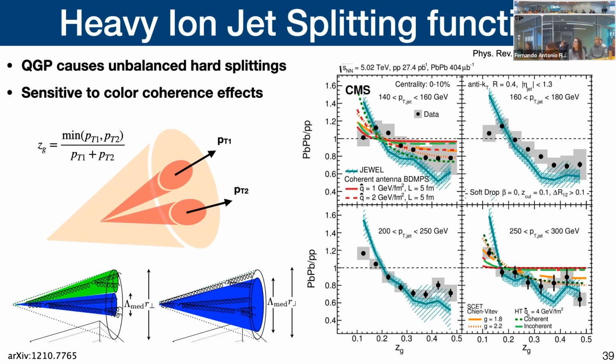Good question. In general, the kinematics for this are a bit complicated. Based on these data, I don't think there's a good argument for a very strong jet energy dependence. That being said, momentum is essentially along this direction, whereas the role of the color coherence is more related to the transverse direction.